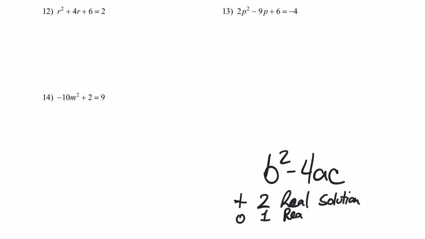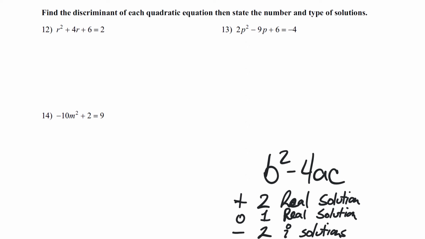That's the one that's going to graze the axis and then go right back up. And if we have a negative discriminant, it is 2 imaginary solutions.